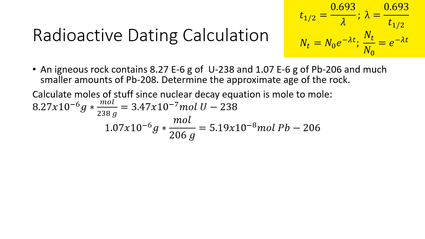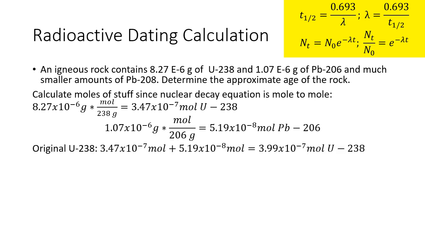Now, the amount of lead-206 we're going to attribute entirely to the radioactive decay of uranium-238. So in order to find the original amount of U-238, we're going to add the moles of U-238 that you presently have to the moles of lead-206 that you have in the sample. So there you go. And we have 3.99 times 10 to the negative 7th moles of uranium-238. At this point, we can use our fractions.